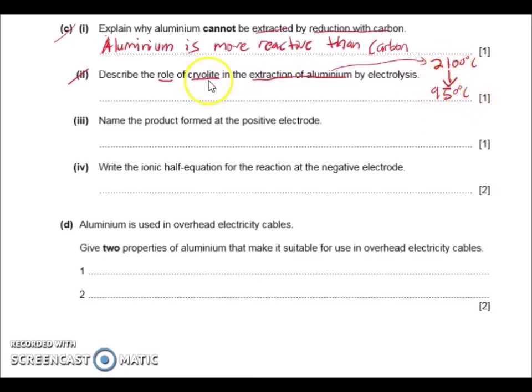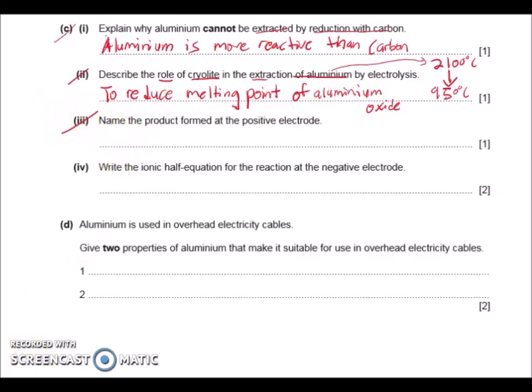Okay, so the purpose of cryolite is to reduce the melting point of aluminium oxide, or you can say to lower down the melting point of aluminium oxide. So that's the role of cryolite.